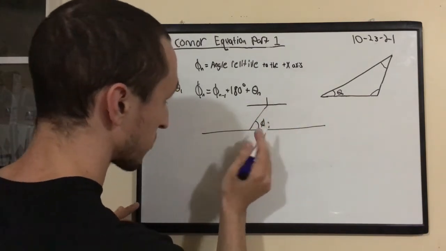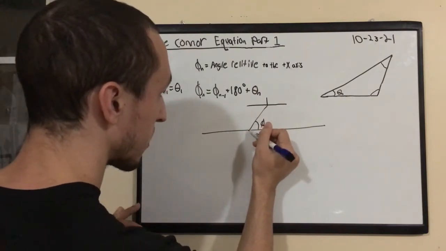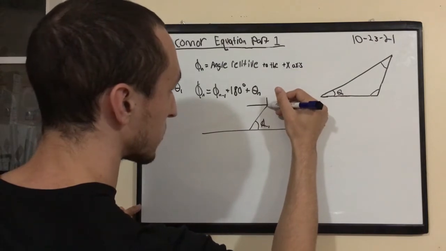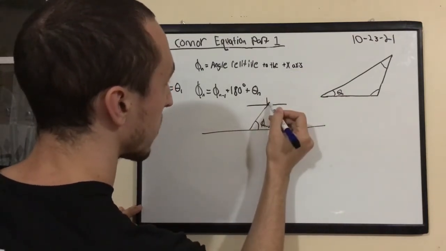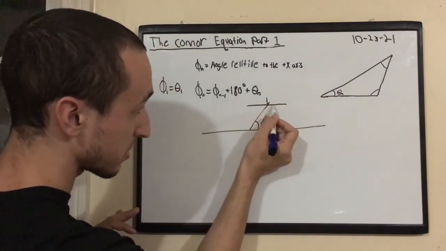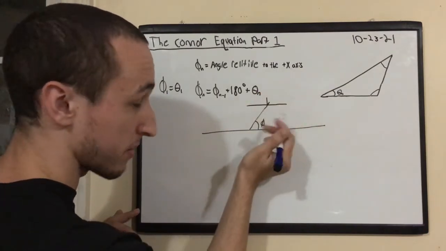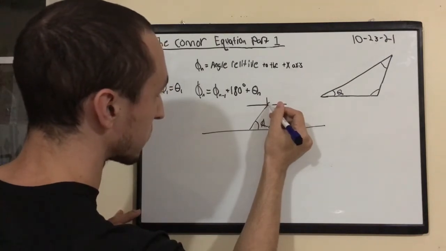All right? So fundamentally, with any side, this is phi n minus 1 degrees. We're going to start with phi n minus 1 from 0 degrees. You see how it stays the same because these two lines are parallel? We haven't changed anything. We're now going to add 180 degrees.